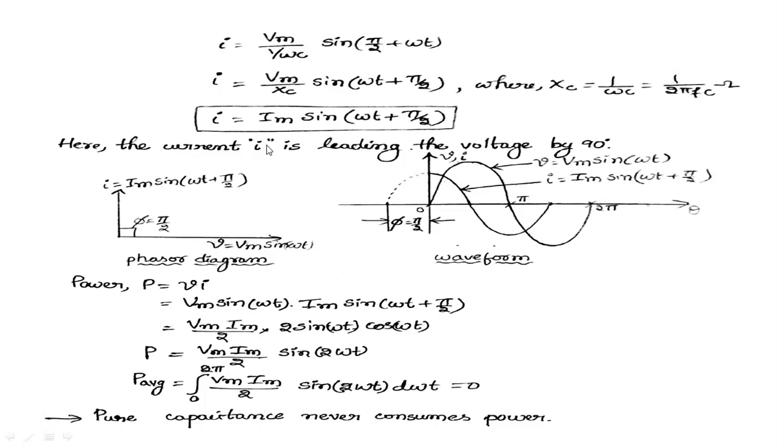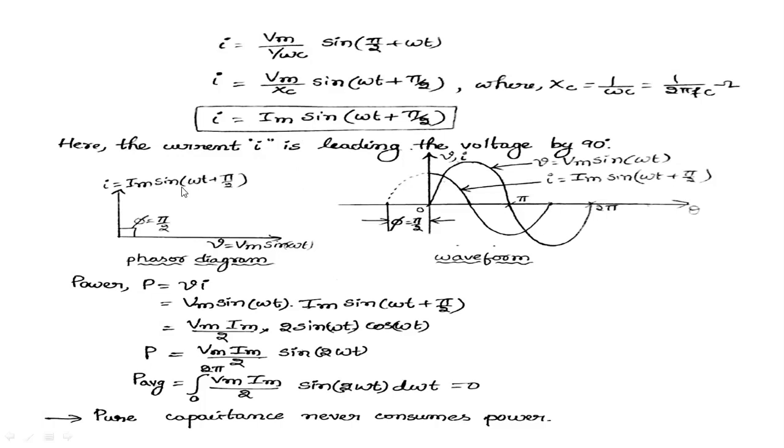Here I am getting the capacitor current. The current I is leading the voltage by 90 degrees.